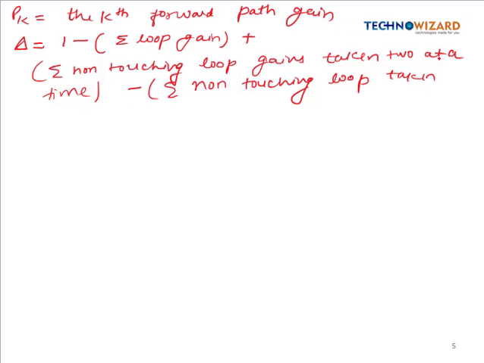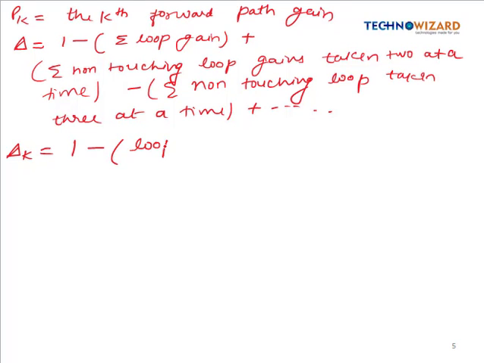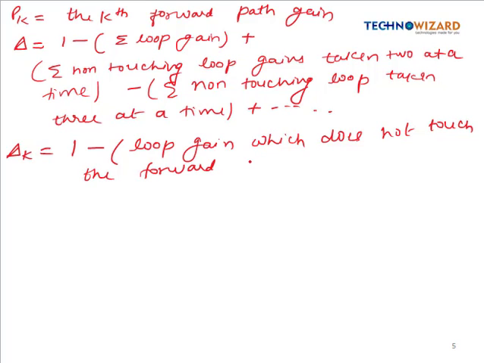And delta_k is given by 1 minus the loop gain which does not touch the kth forward path. So now I'm gonna solve this.